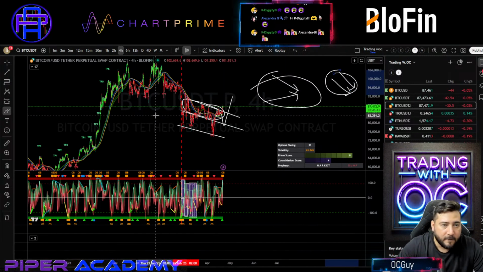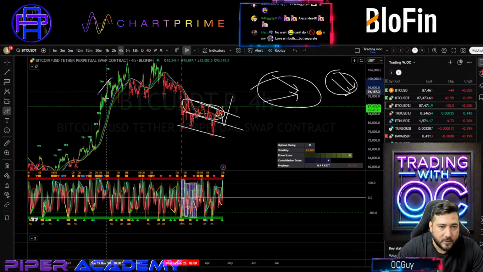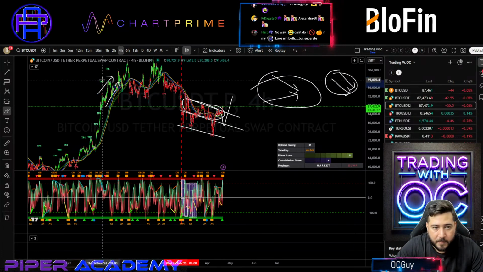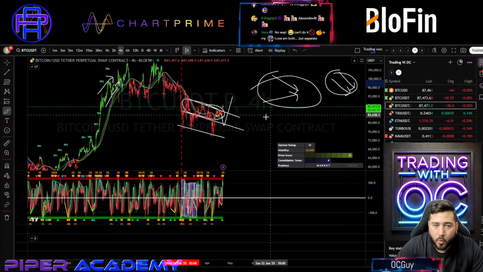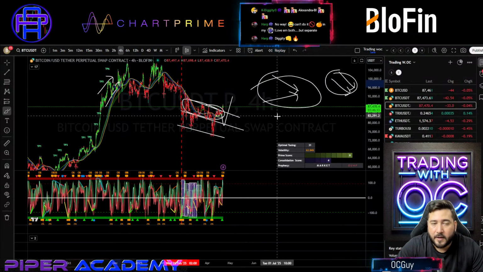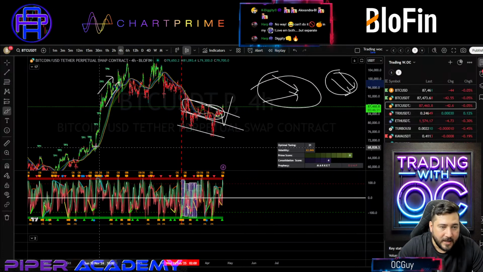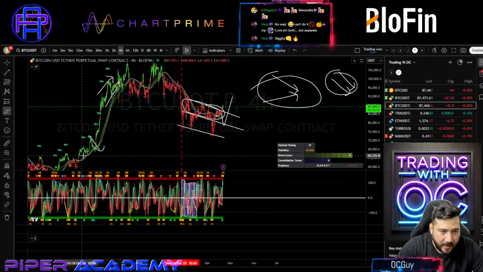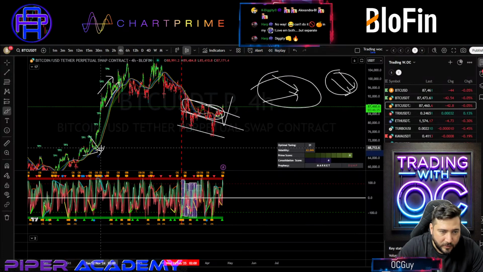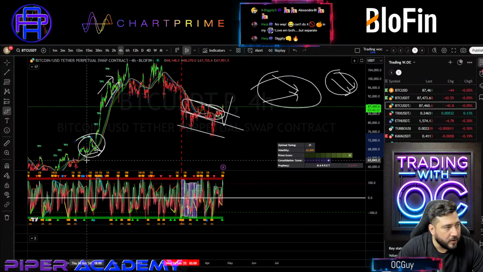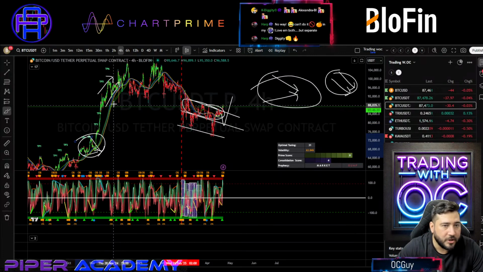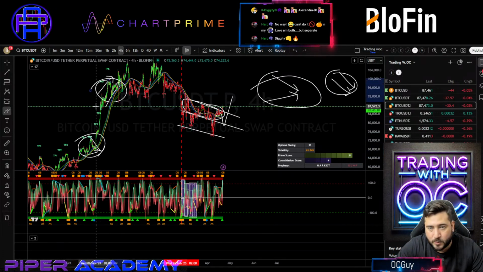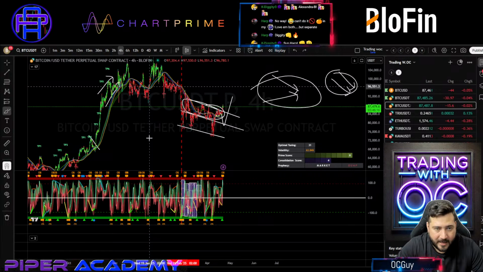For example, when we have this one going up and this one also going up, you see they're wedging up, but they're pointing in the same direction, whereas in a triangular pattern they're pointing in different directions. For example, let me give you an example right here. In this one, you see that the two lines that define this triangle point in different directions, whereas the lines of this wedge point in the same direction.